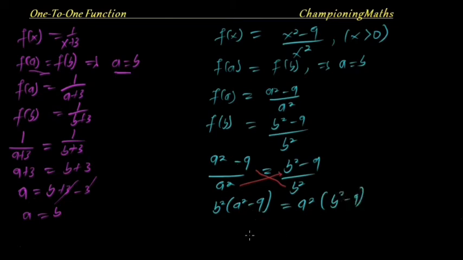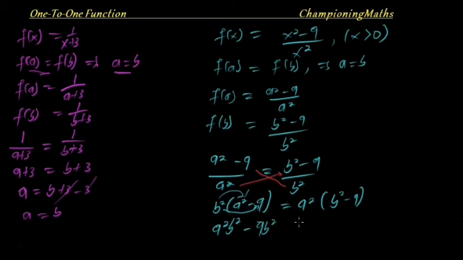Now I want to expand the bracket and see what is going to happen. So b raised to the power 2 multiplying a raised to the power 2 will be given as a raised to the power 2 times b raised to the power 2, and then b raised to the power 2 multiplied by minus 9 will be given as minus 9 b raised to the power 2.